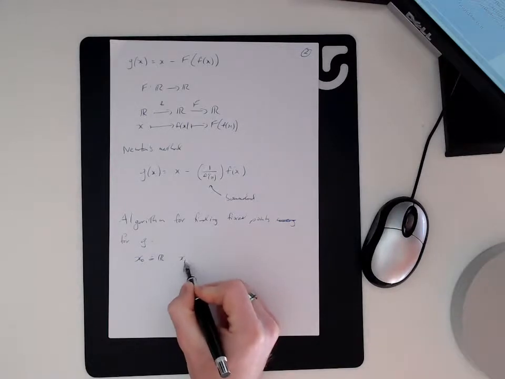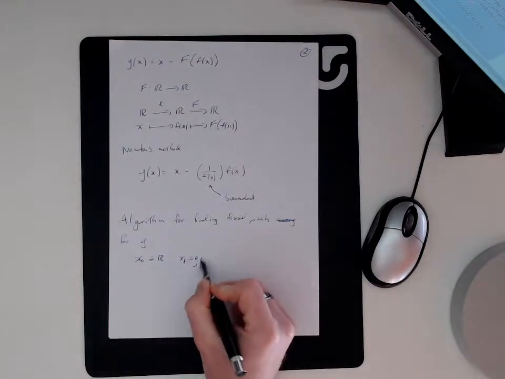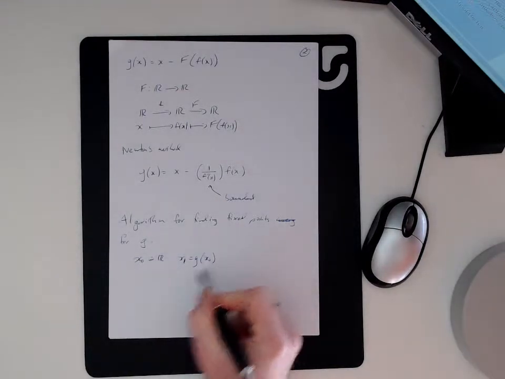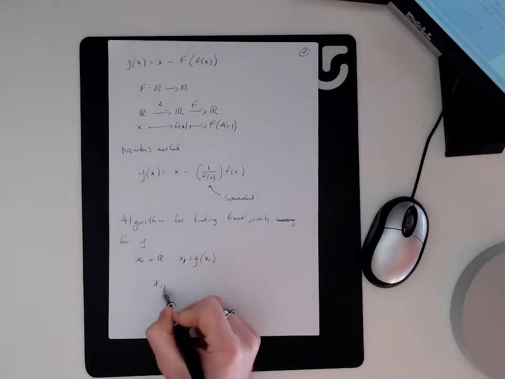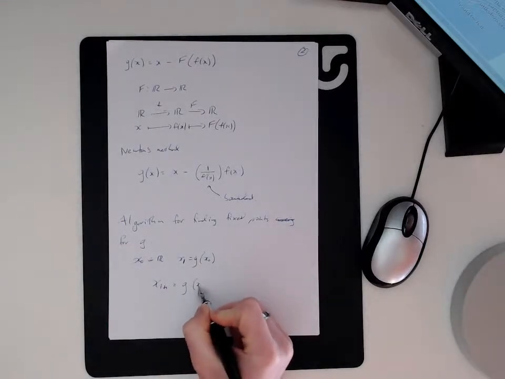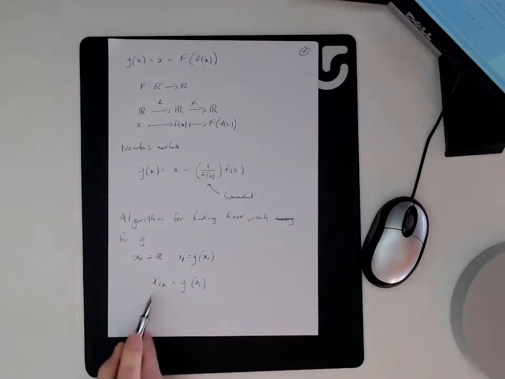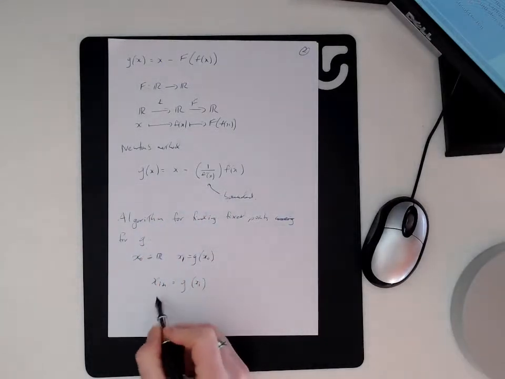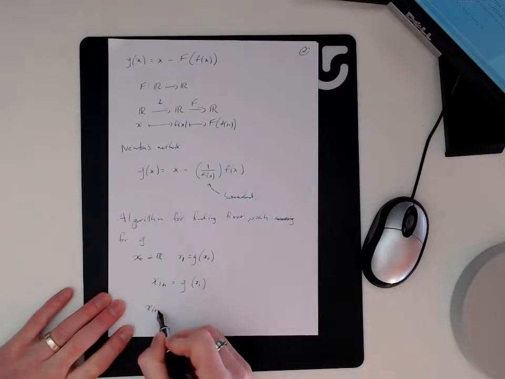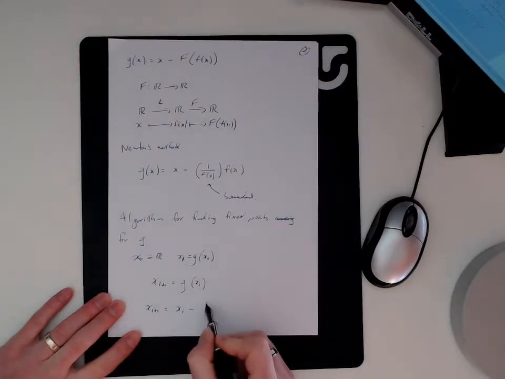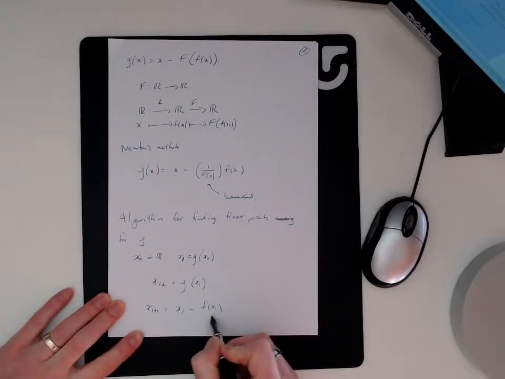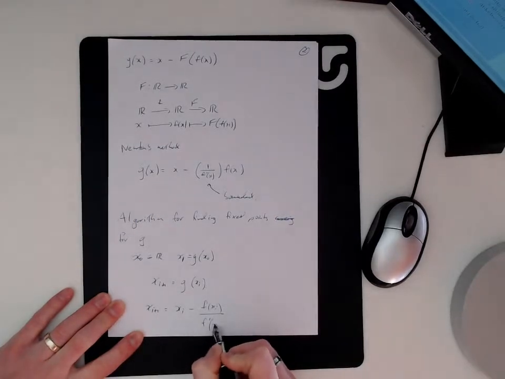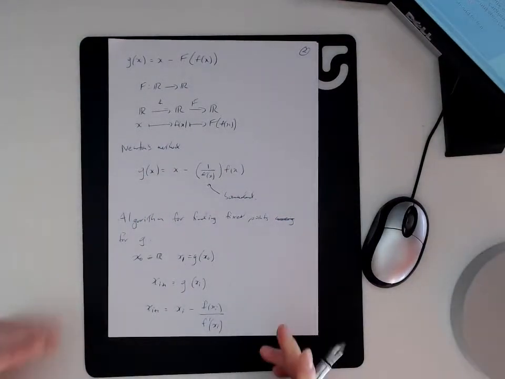The next point is defined as g of x0, and so on. So x i plus 1 equals g of x i. And if you think about that and plug it into here, you get x i plus 1 equals x i minus f of x i over f dash of x i, which is Newton's method.